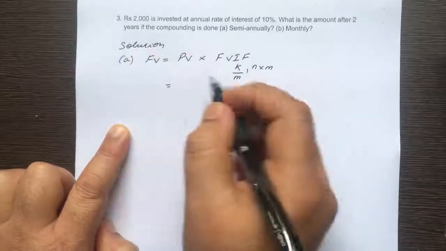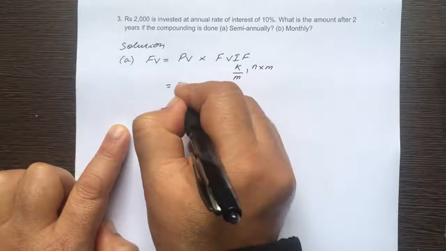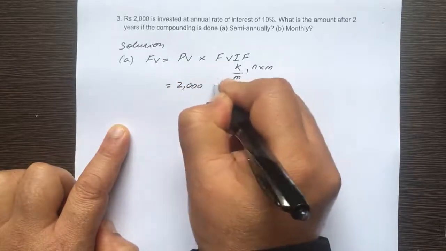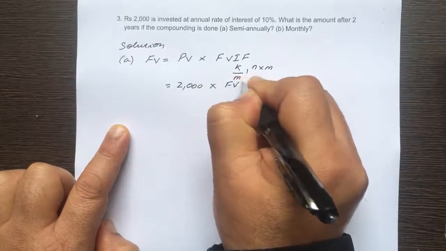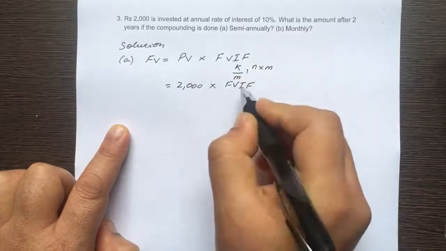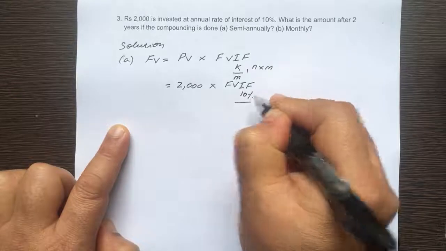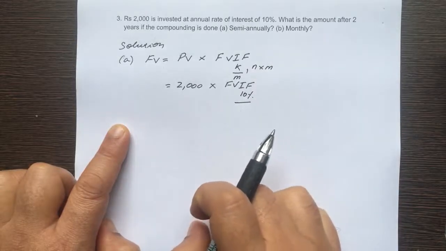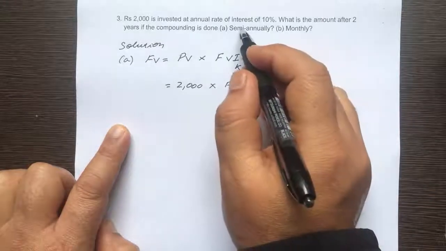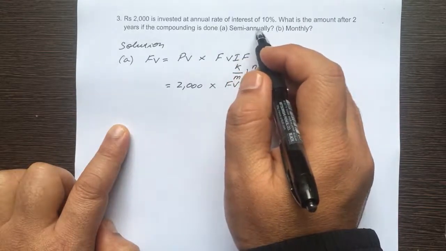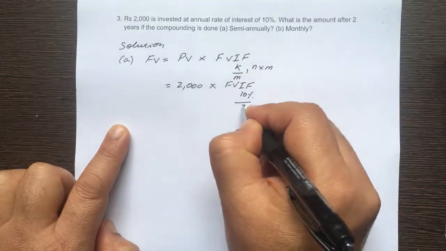In this case, by the way, what is present value? 2000 into FVIF. What is K? 10%. Now what will be the value of M? M will be 2. Why? Because compounding is done semi-annually, twice in a year. So 10 divided by 2.